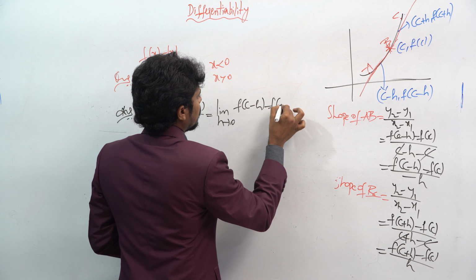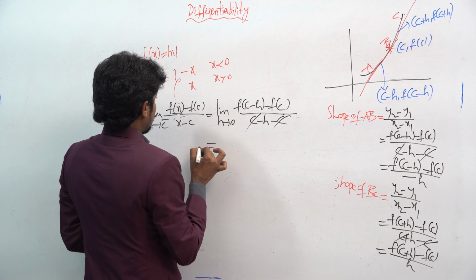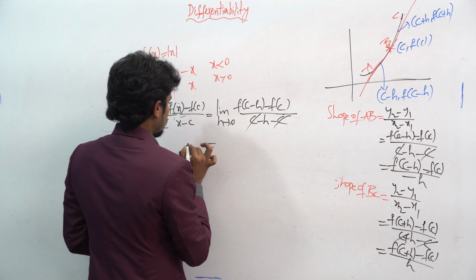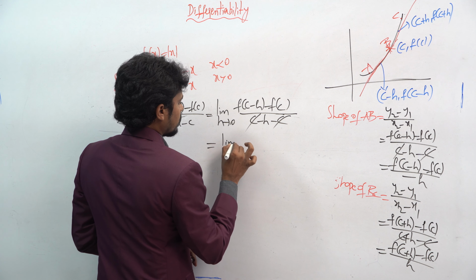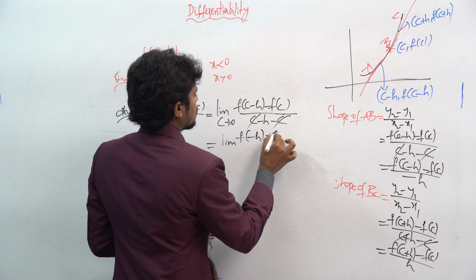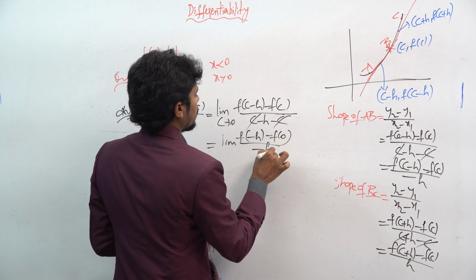For example, put 0 in place of c. When c tends to 0, this will become f of minus h minus f of 0 divided by minus h.